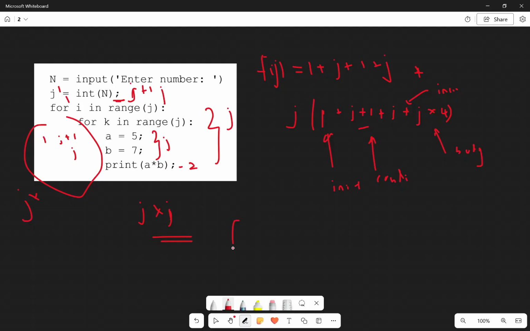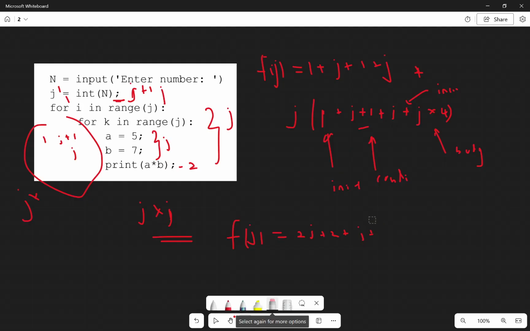By simplifying this, let's simplify this part first. We get 1 plus 2j plus 2j plus 2 plus j.